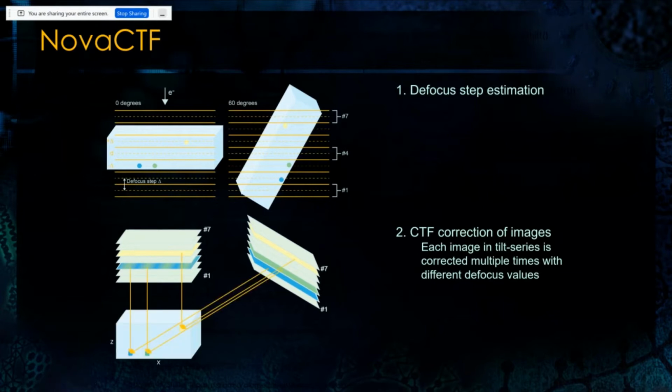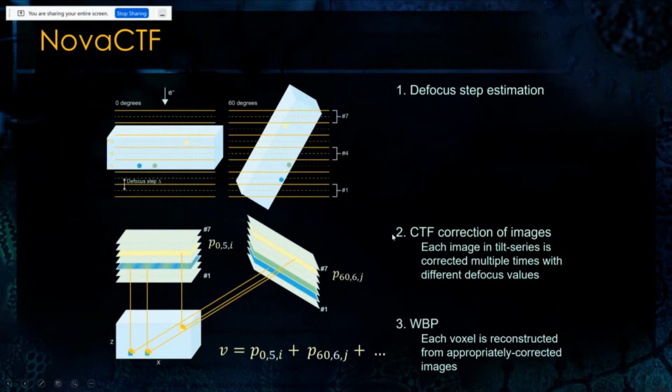And then we do basically the same thing. We have our tomogram. The only thing that we add is that, in addition to finding the index in the image where we should take the value from, we also, based on the XZ coordinates, determine which of these 7 images we should use for the 0 tilt and which for the 60-degree tilt. So there will be just one more indexation necessary to reach the proper data.